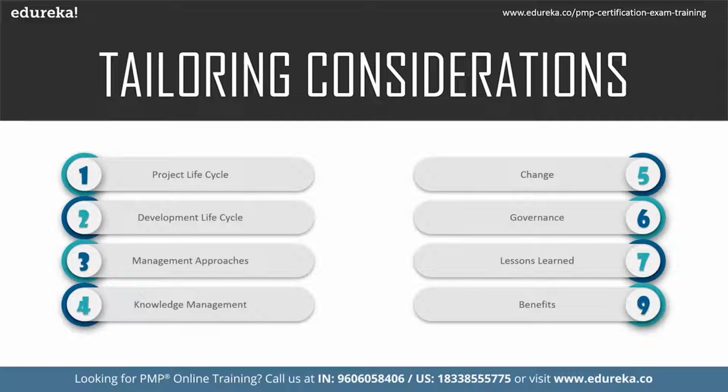When we say life cycle, there will be a beginning, meaning a start date, and an end, meaning a finish date. So the beginning to the end of a project is the project life cycle, and multiple such project life cycles can be there in a single product life cycle or a single service life cycle.